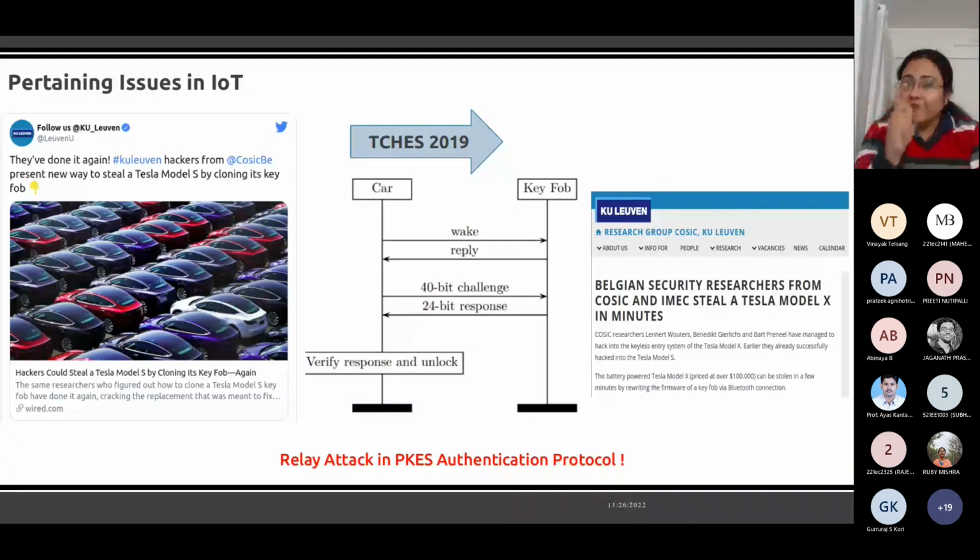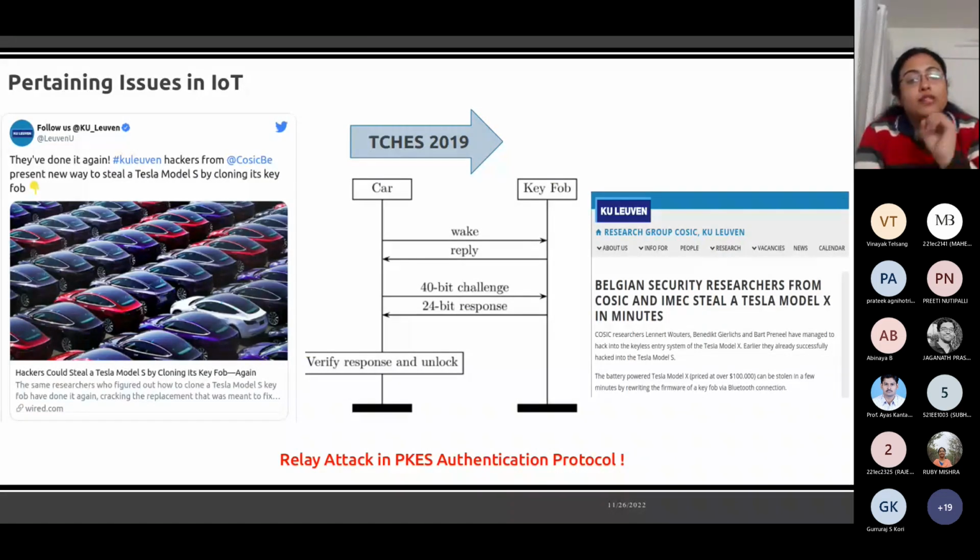Obviously, when you can do that, there is some communication happening between the car and the key fob, something like RF communication. This kind of entry system, where you do not need to manually insert the key into the car, is called a passive keyless entry system, or PKES, right?